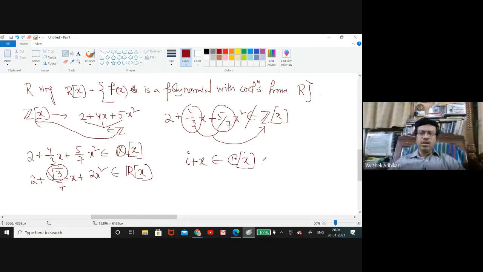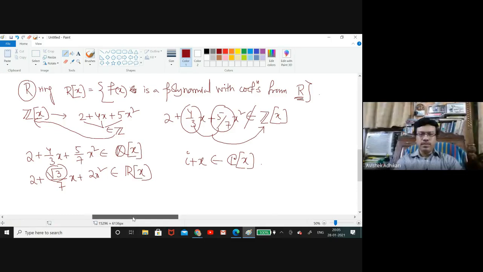So now you have some idea what a polynomial ring is. Polynomial ring means if you have a ring, then take all the polynomials whose coefficients come from that ring. That's enough. So we have such examples.